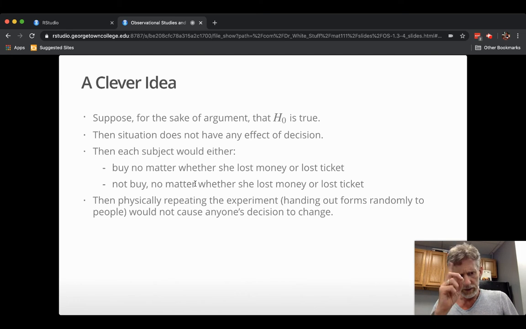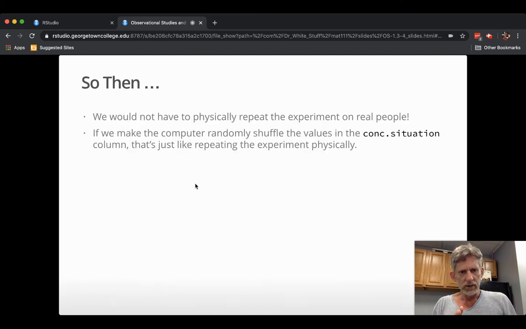And this little insight leads us to the realization that we don't have to physically repeat the experiment on real people at all. All we've got to do is take our data, where every row is a person that was in the experiment.